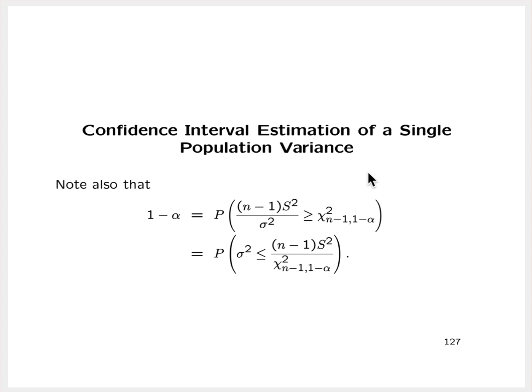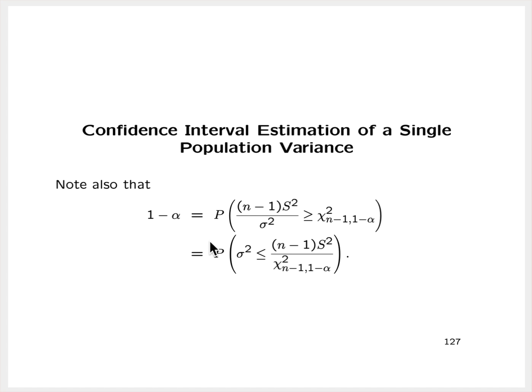Now, similarly, we can think of this as a standardized version of the sample variance, so n minus 1 times s squared over the population variance sigma squared. The probability that that random variable is greater than or equal to the upper 1 minus alpha percentage point of the chi-square distribution with n minus 1 degrees of freedom, by definition of this percentage point, is 1 minus alpha.